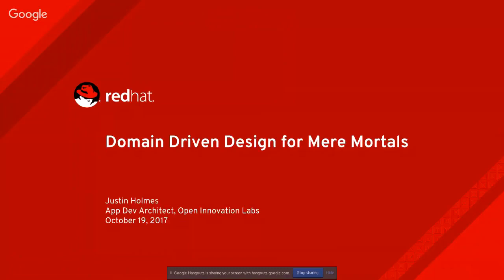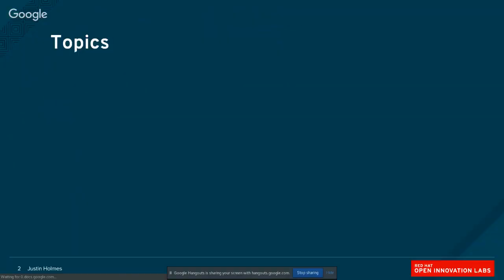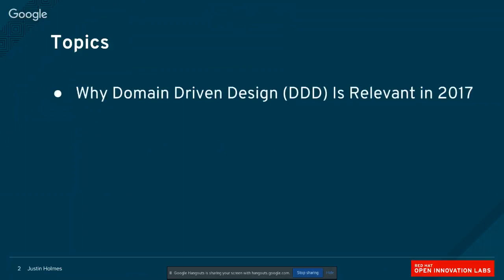Let's look at the agenda for today. We're going to start off first talking about why domain-driven design is relevant in 2017, and Burr started to allude to that in the introduction. What we're going to do then is look to strip away a lot of the jargon associated with this community and really focus in on the principles of domain-driven design.